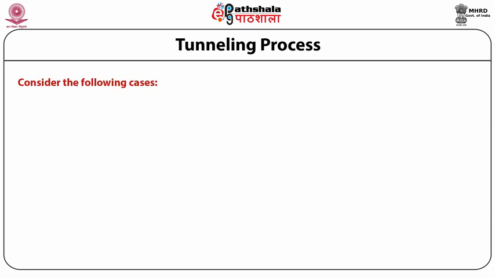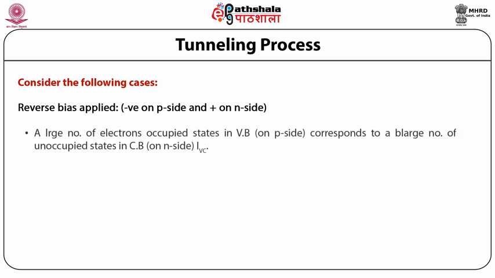First case, reverse bias applied, that is negative on the P side and positive on the N side. A large number of occupied states in the valence band on the P side corresponds to a large number of unoccupied states in the conduction band on the N side.